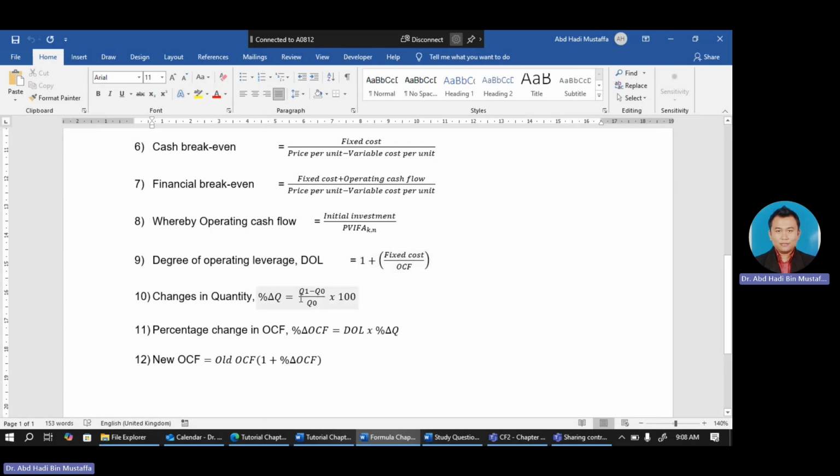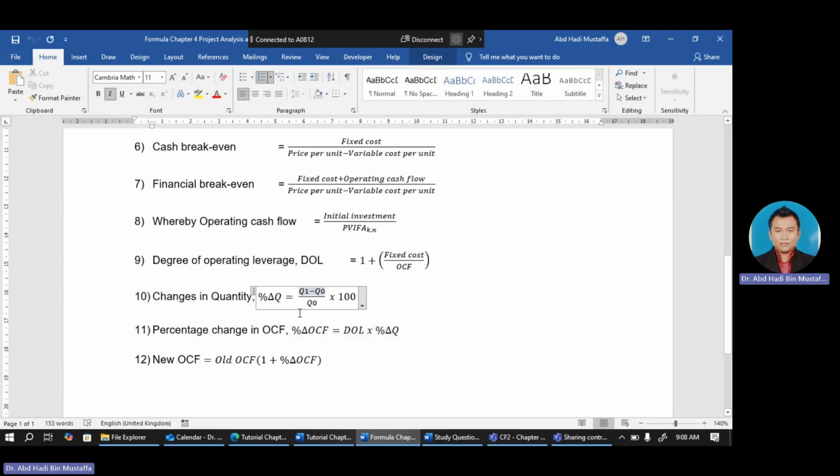So if the quantity is changed, you need to find the change of quantity, whereby the new Q1 is new quantity minus Q0, which is old quantity, divided by old quantity multiplied by 100, because the answer might be in percentage.